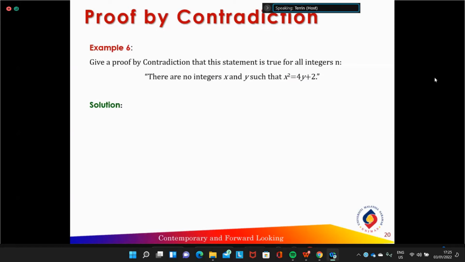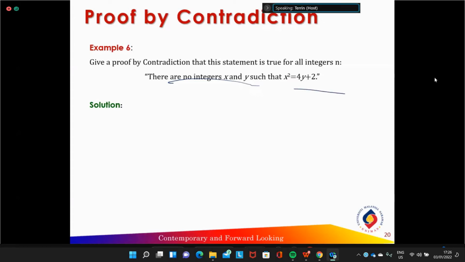Give a proof by contradiction that this statement is true for all integers n: there is no integer x and y such that x squared equals 4y plus 2. Now you have to know what your p and what your q are. There are no integers x and y such that x squared equals 4y plus 2.